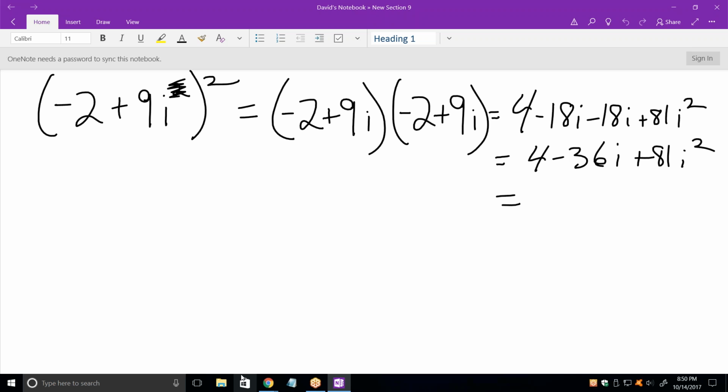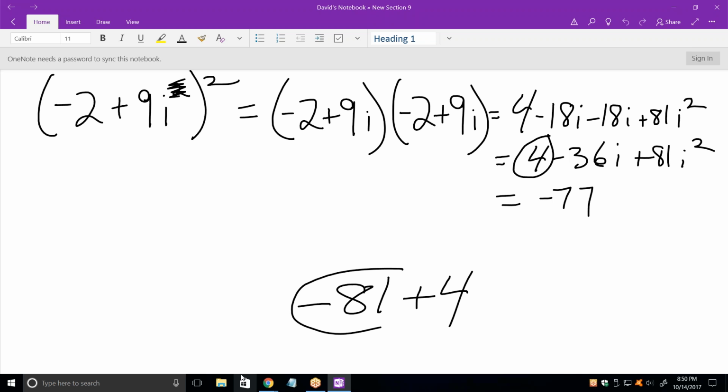You've stated that wrong twice now. It's not 81 minus 4. If you state it the way you stated it, you get the wrong sign. If you state it correctly, you're going to get negative 77.